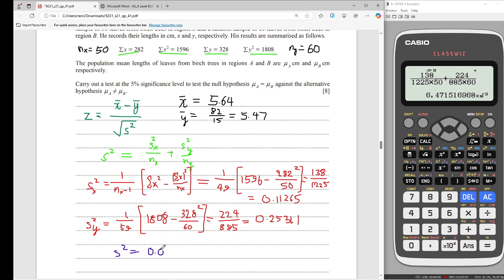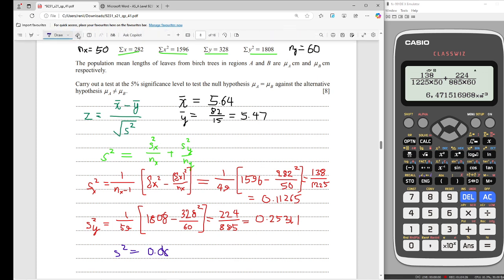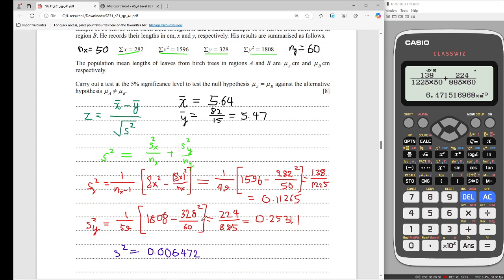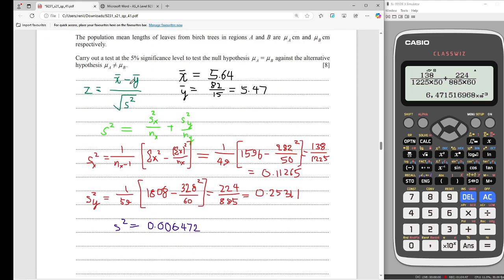So it's 0.00647. Right, so 0.00647 is the S2 value.